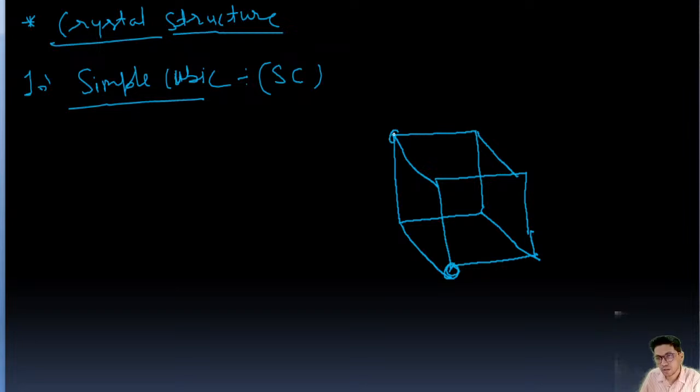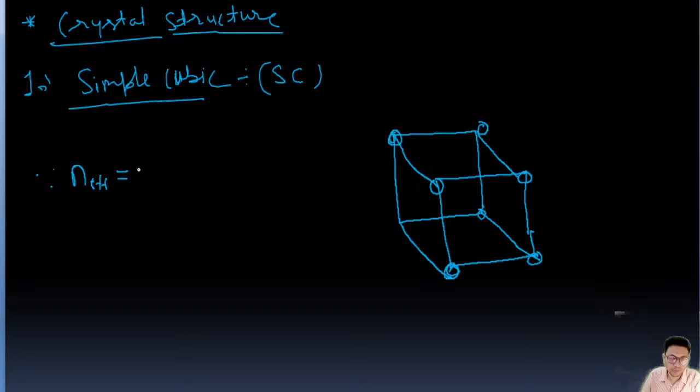So this is simple cubic, guys. These are the atoms at the corner of the cube. Here we also know this formula, guys, you need to know how to get n effective, that is the effective number of atoms.